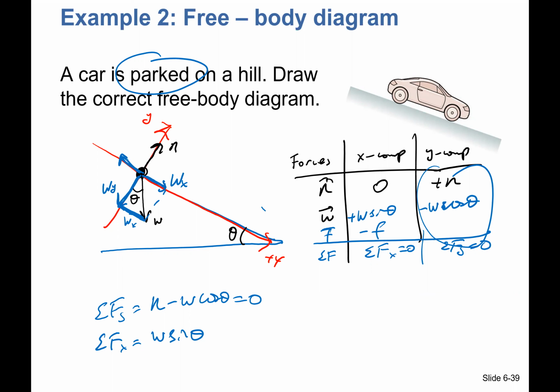Here the object can potentially move down the incline because gravity pulls it down, so friction acts upward along the incline. It's always opposing the motion. And in this case, if you do minus friction, you get 0. Now it makes sense. So this is my free body diagram, because there are two forces in the x direction canceling each other, and two forces in the y direction canceling each other.